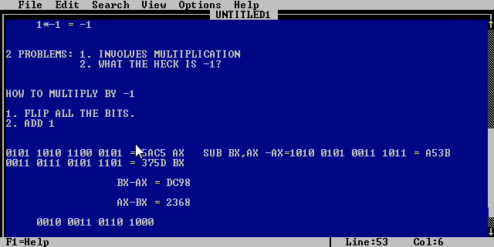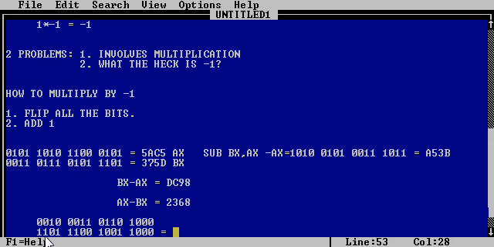Let's flip all the bits. Alright, but we're going to add one now. We add one to all the equals here. That makes 8, which equals the top one.